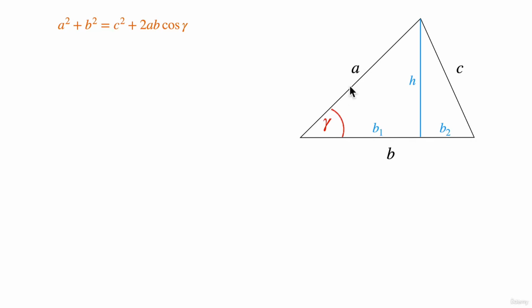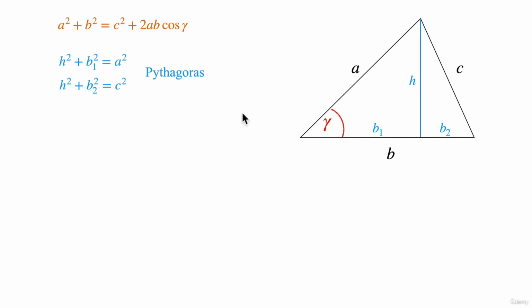So what are we doing here? We take the height on the side b, and this height divides b into 2 lengths. The first one is length b1 and the second one b2.